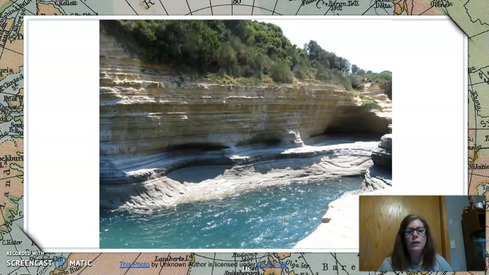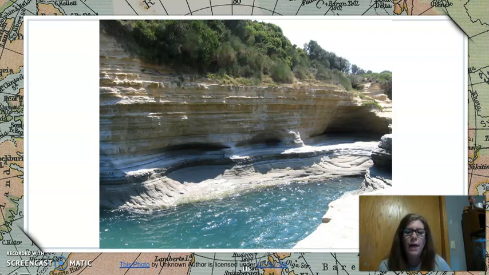So when I first look at this picture, I notice that the landform has different layers, and it looks like pieces of it have been smoothed out or fallen off of it or something. I also observe that it is in an area where there is water.